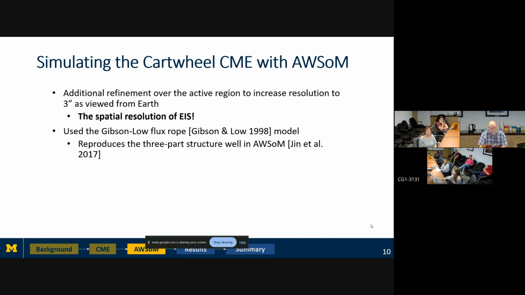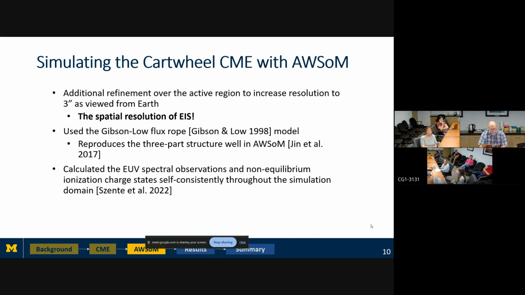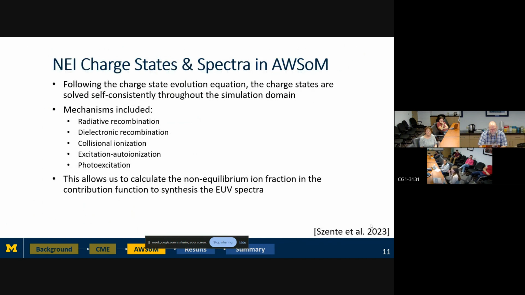And then, most importantly, we're calculating the EUV spectra observation. We're using a very similar orientation to the observed spectral observation. And we're including the non-equilibrium ionization charge states and solving those self-consistently throughout the simulation domain. And I have a few more words on that point in particular. So we follow the time-dependent charge state evolution equation to solve it self-consistently throughout the simulation domain.